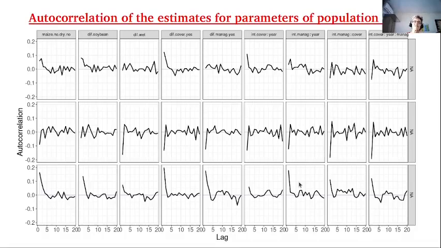The estimates of the parameters for each of the chains seem to be by and large statistically independent. That is, they provide statistically independent information for the computation of the summary statistics of these marginal posterior distributions.